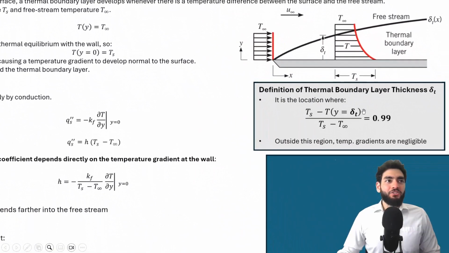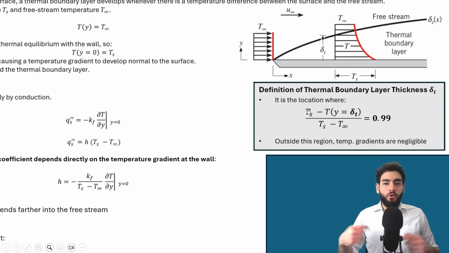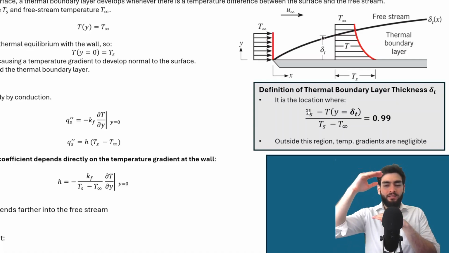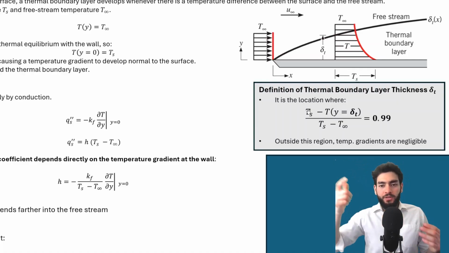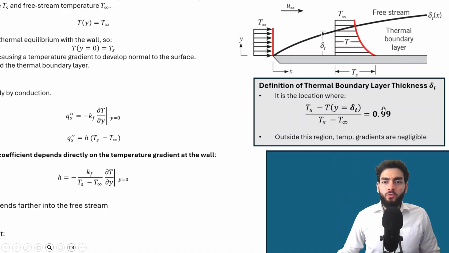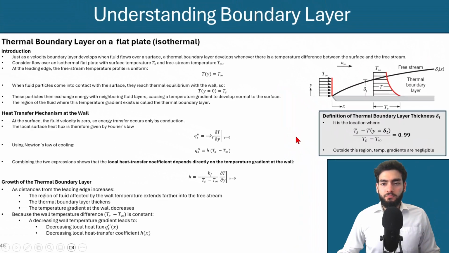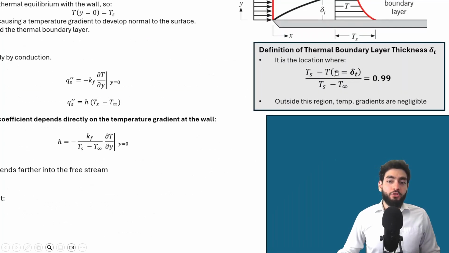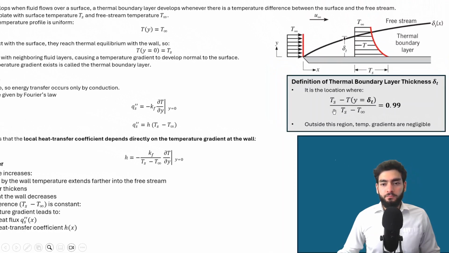And the definition of the thermal boundary layer thickness here is essentially the location, the vertical distance above the flat plate, where that temperature reading is essentially only within 1% of the change of the free stream temperature relative to the surface temperature. And you could use this equation to figure out what temperature that must be.